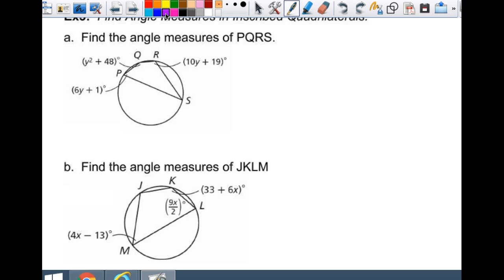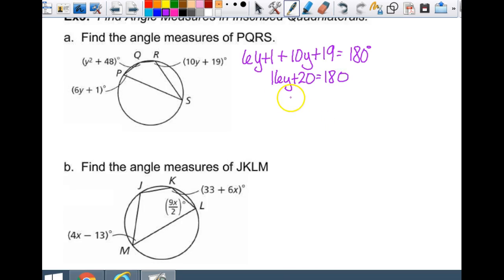So I can say that 6y plus 1 plus 10y plus 19 equals 180. So that gives me 16y plus 20 equals 180. So 16y equals 160, and y equals 10.